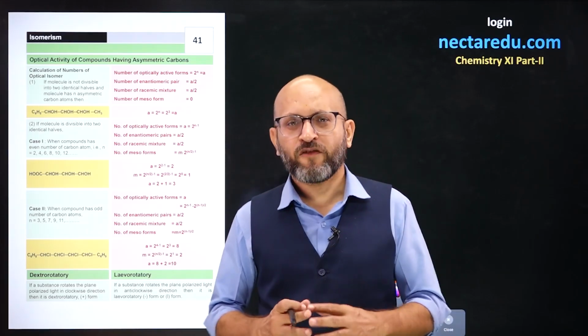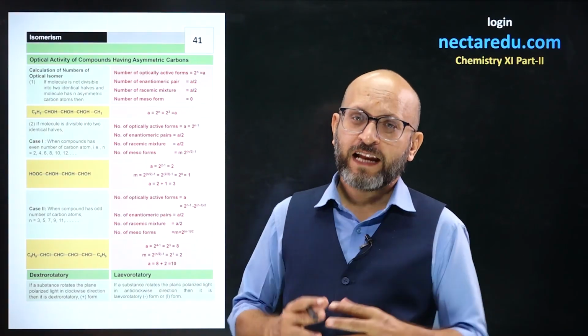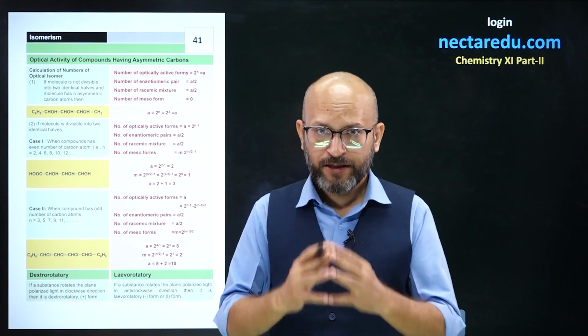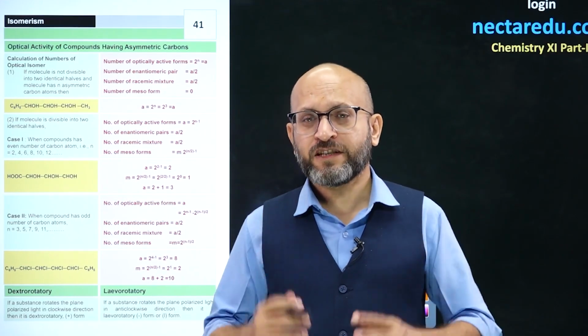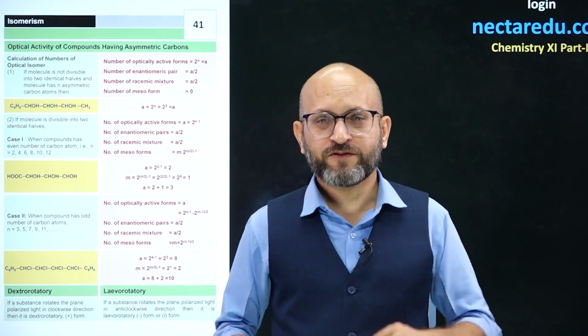To calculate the number of optically active isomers, optically inactive isomers, racemic mixtures and pairs of enantiomers, we have certain formulas. So what are these formulas?